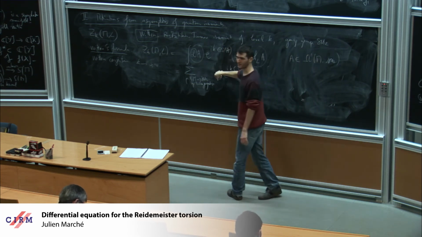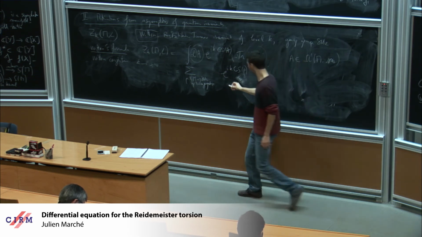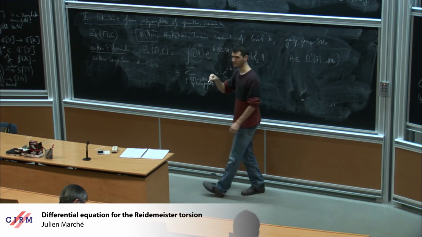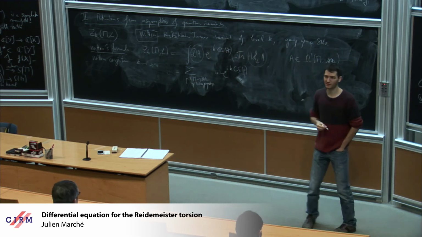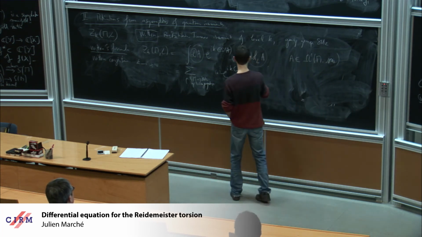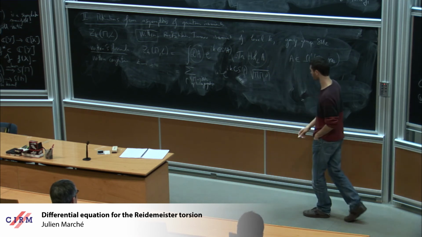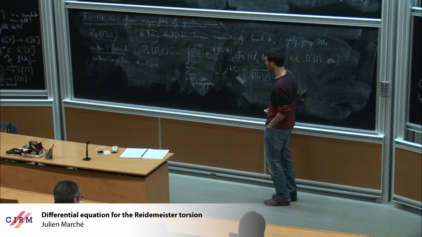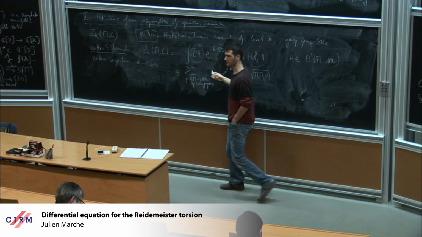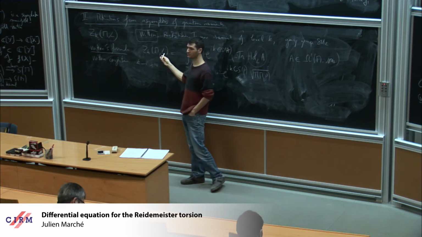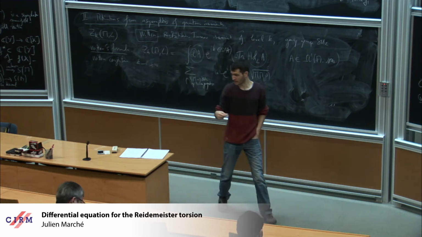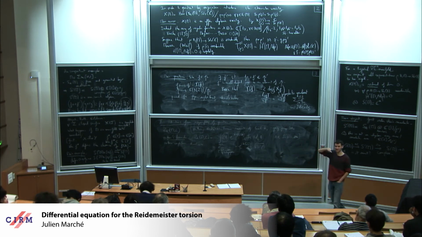There is some phase, I'm saving time, okay? There is some 8th root of unity I don't put here. And you have the Reidemeister torsion, which comes here. And here, maybe it's a case of what happens if you don't put a link here. So you have to remind that there is a link somewhere.